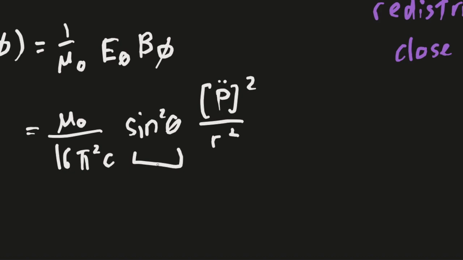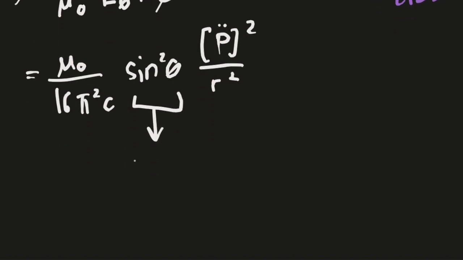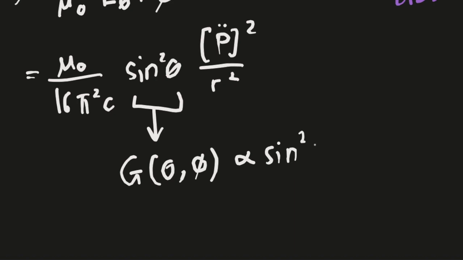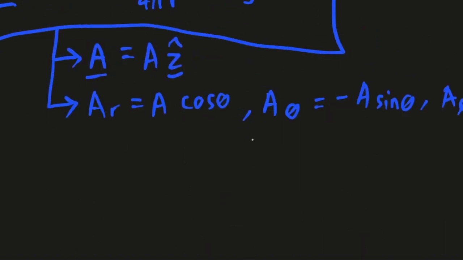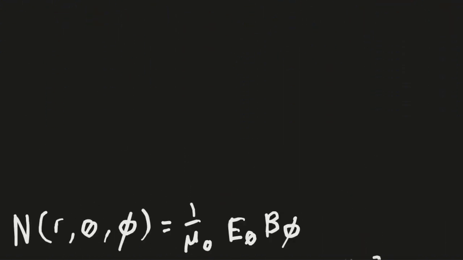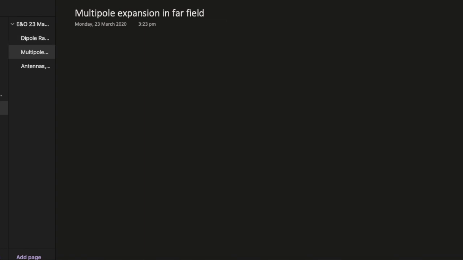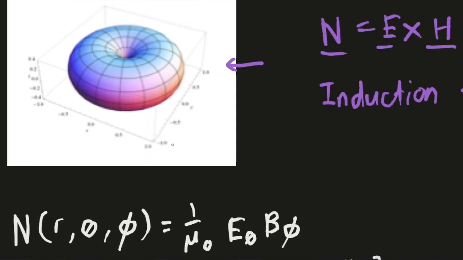And this is the angular dependence of the radiated power. So it's a sine squared theta dependence, which is why we get the torus.